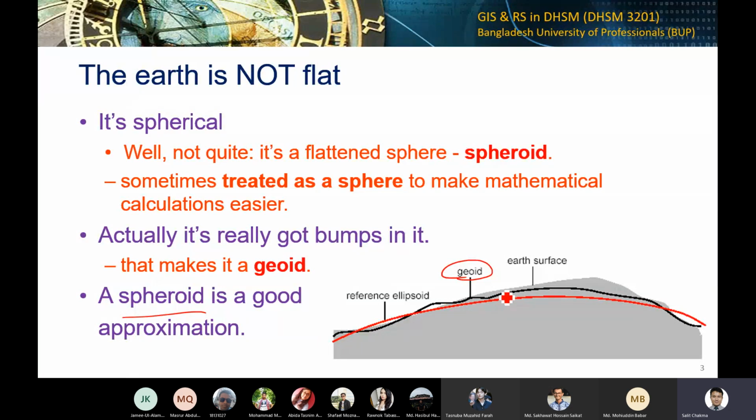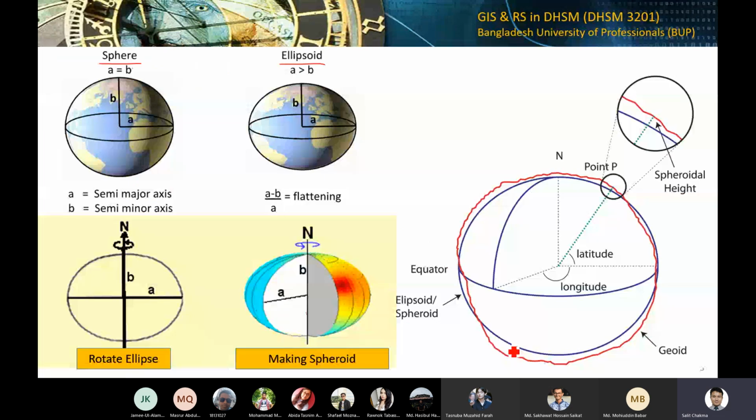Okay, imitate means to copy, to try to match. So this is our geoid in the red color, and this is our equator. That's the polar regions.